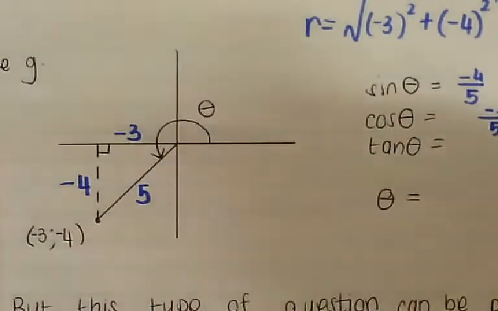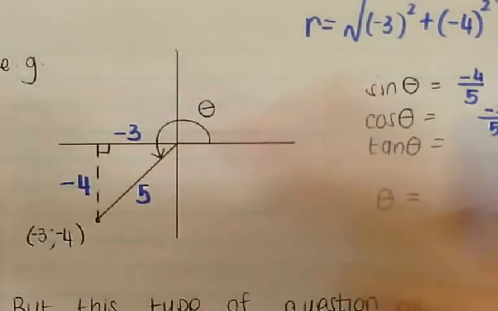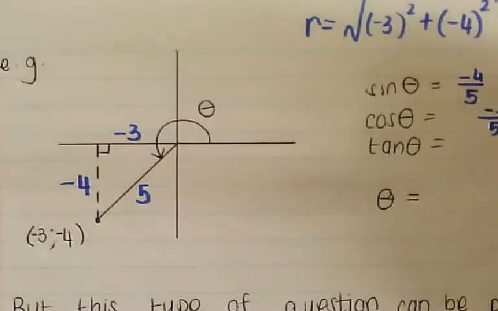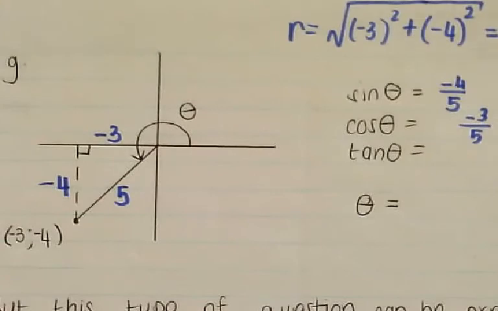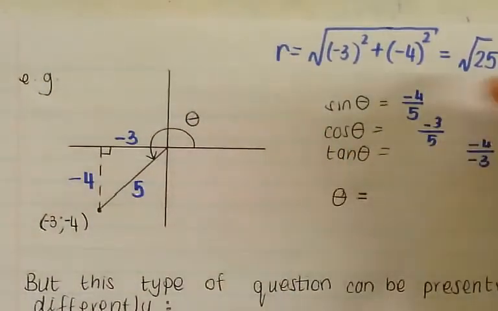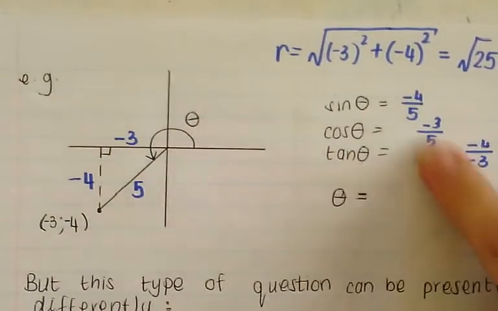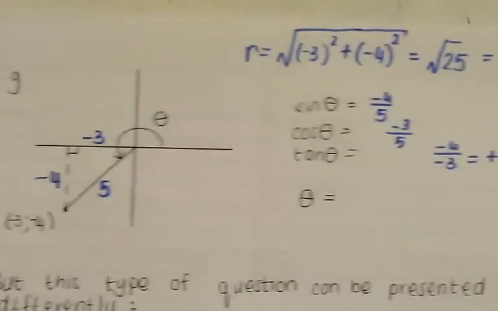And tan would be opposite over adjacent, which would be negative 4 over negative 3, but that is just positive 4 over 3. So as we expected, sine is negative, cos is negative, but tan is positive.